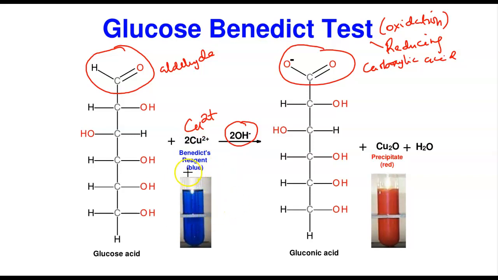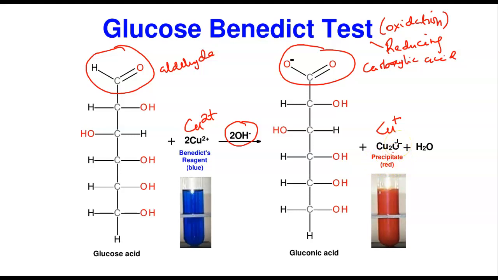Now what happens is that this aldehyde becomes oxidized by accepting one oxygen to become carboxylic acid, whereas the copper 2 ion here is reduced to copper 1 ion, and this copper 1 ion is usually formed as copper 1 oxide, which has a brick red color and forms a brick red precipitate.